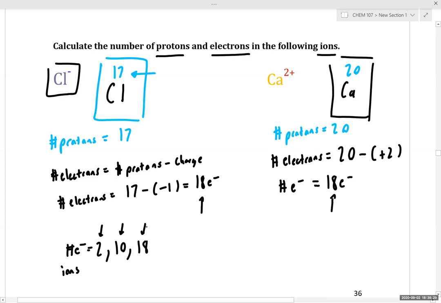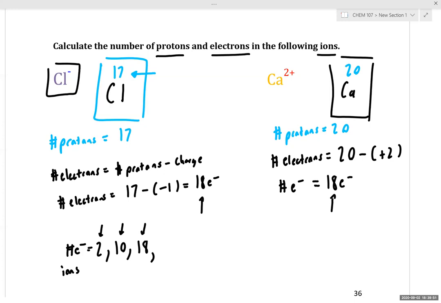And what we're going to talk about later on in this chapter are trends in ionization and why different ions prefer to have a certain number of electrons. So this is just a teaser for later on in the class.